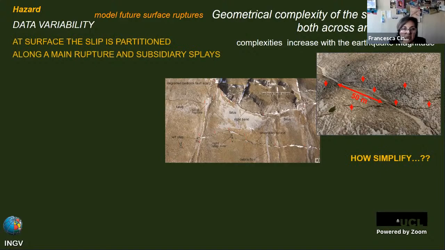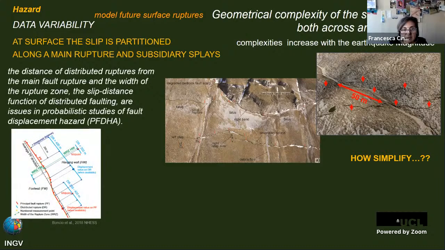At surface, the slip is partitioned along a main rupture and subsidiary ones, and we need to find a way to simplify for modelers. The distance of distributed ruptures from the main fault rupture, the width of the ruptured zone, and the slip distance function of distributed faulting are all issues in PFDHA, and I think Paolo will talk about this in March.